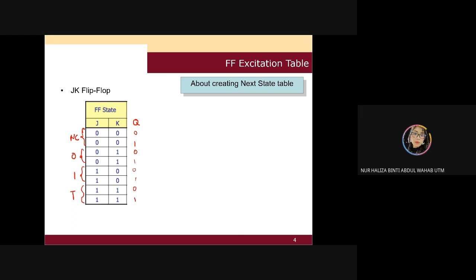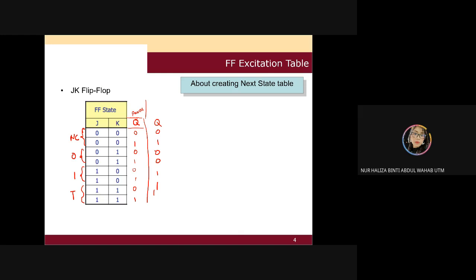So this is the previous Q. Last time you referred to your previous Q to make changes to your output Q. And then you get the Q referring to those. If there is no change, it's going to be 0, 1. If it is reset, it's going to be 0, 0. If it is set, it's going to be 1, 1. And lastly, your toggle is going to be 1, 0. So this is what you learned last time.